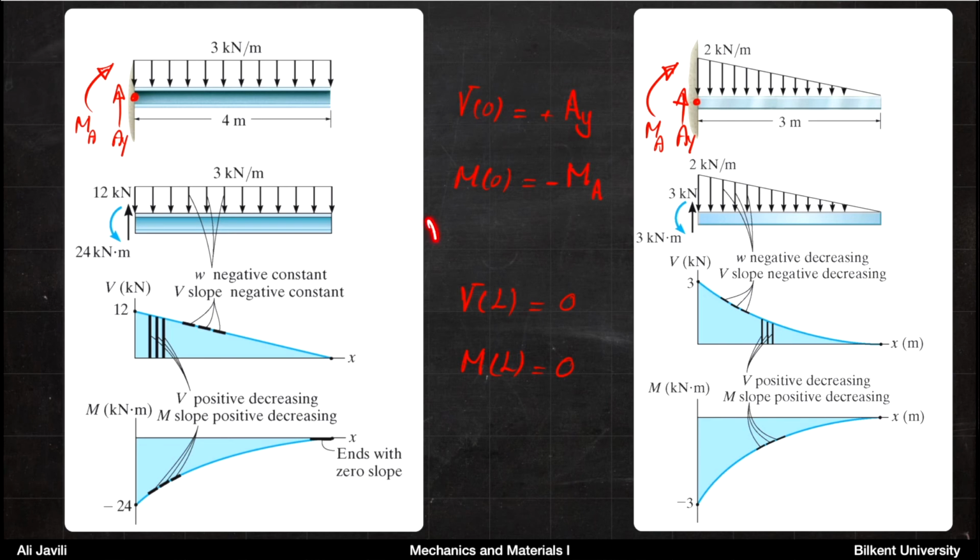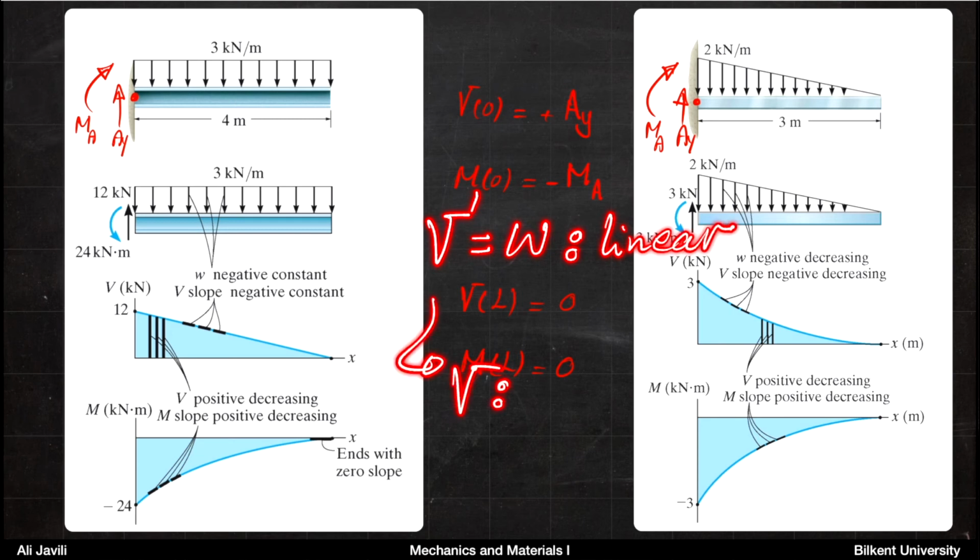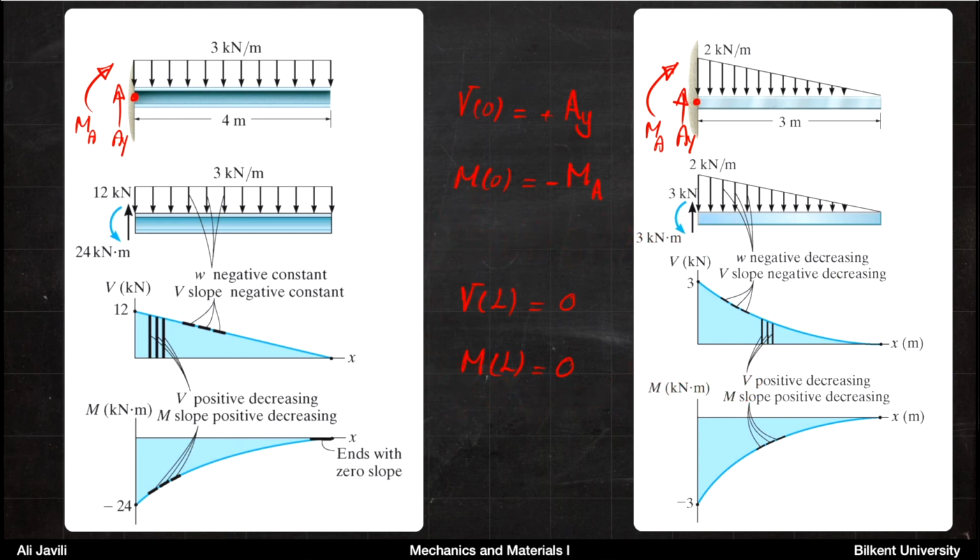Now again, remembering that V prime is W, but in this case W is linear, you know that V must be quadratic. So it's a quadratic function starting at 3 and decreasing all the way to 0, and we know that the slope is always negative.